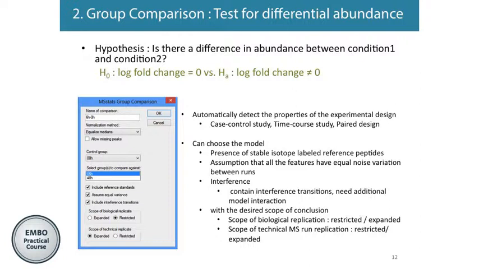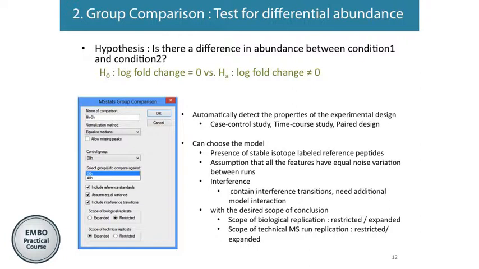For example, we have 5 samples for each condition, and our conclusion is significant among these 5 specific subjects. That is restricted. Expanded means we consider more variation, so our conclusion will be different at the population level. We can expand our conclusion not just to these 5 subjects, but to a larger healthy population.